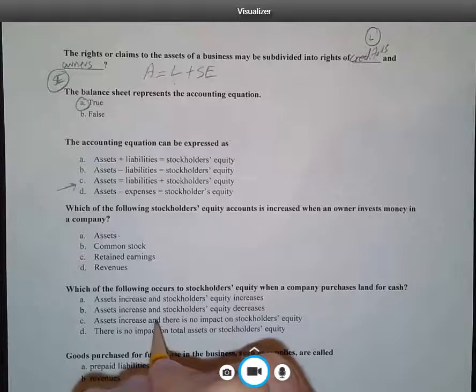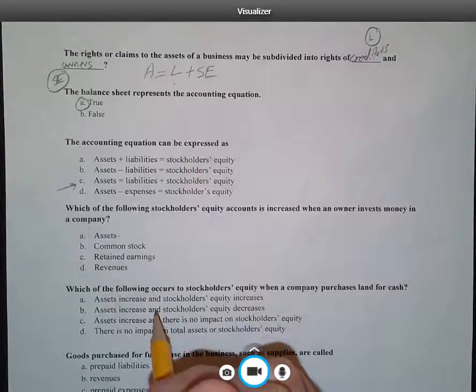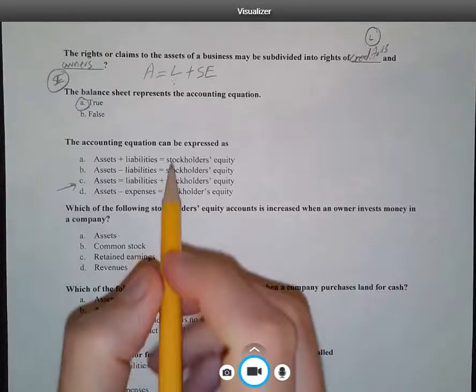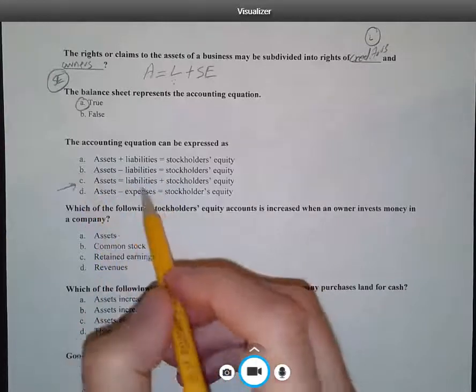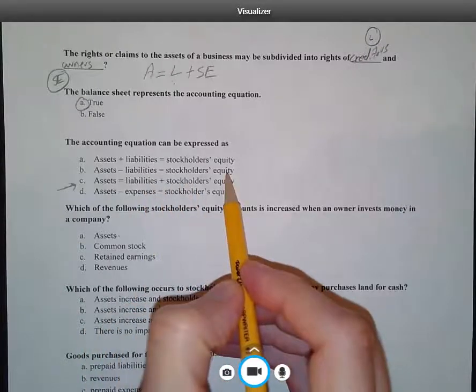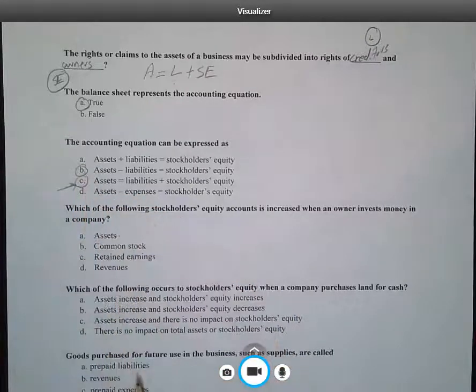We said in the presentation that stockholders' equity is essentially net assets, or what's left over from the assets after liabilities have been removed. So choice B, assets minus liabilities equals stockholders' equity or net assets, is our correct answer. But if you want to put a circle around choice C as well, you can, because there are really two correct answers for this question.